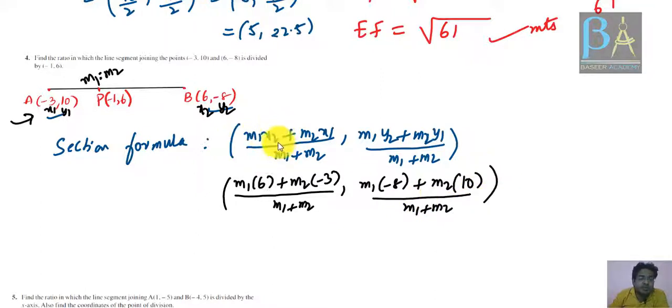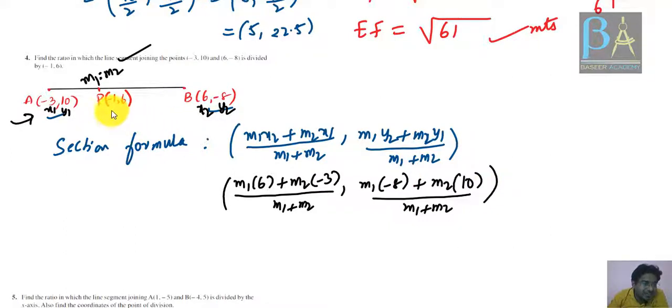Okay, so I substituted the values x1, y1 and x2, y2 in the section formula. In place of m1 and m2, I wrote m1 and m2 itself. I did not change them because I don't know the ratio in which the point P is dividing the line segment AB. So I took the ratio as m1 is to m2. Now, when you use the section formula, what do you get?